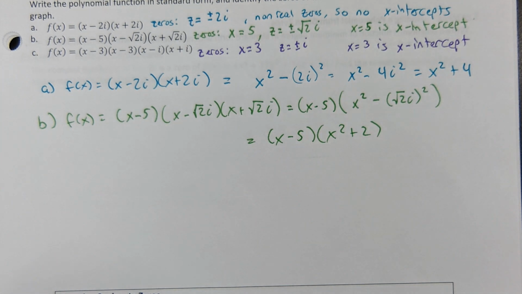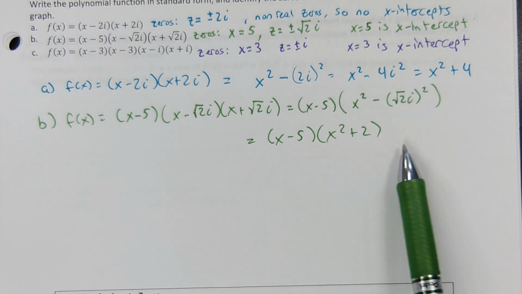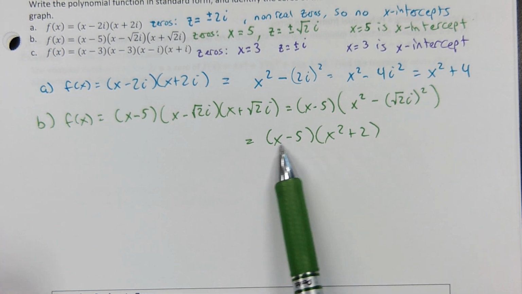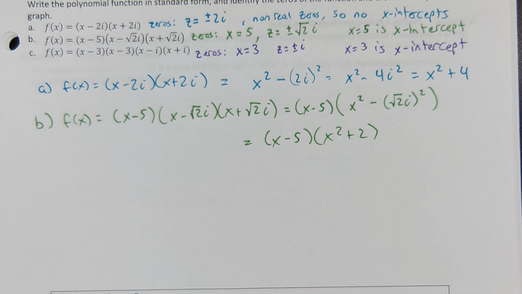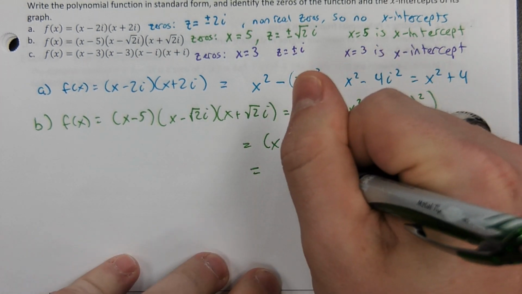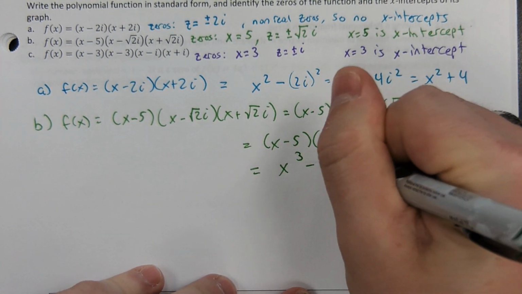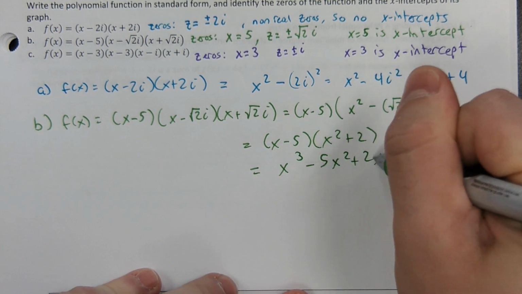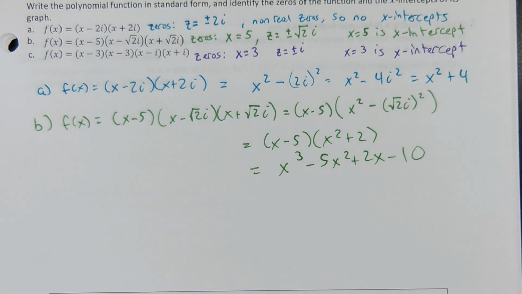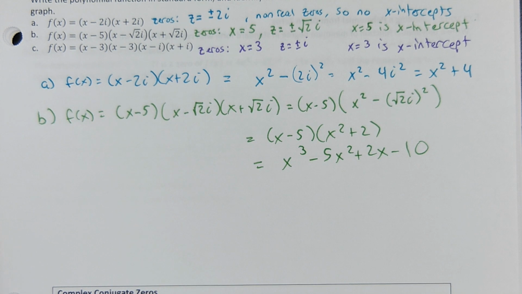Okay? Now, because this is AP, I'm going to hope and pray that you guys could distribute and don't need to see that work. There it is. And let's go ahead and tackle that last one.